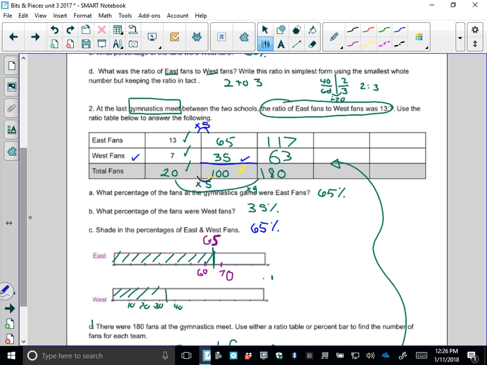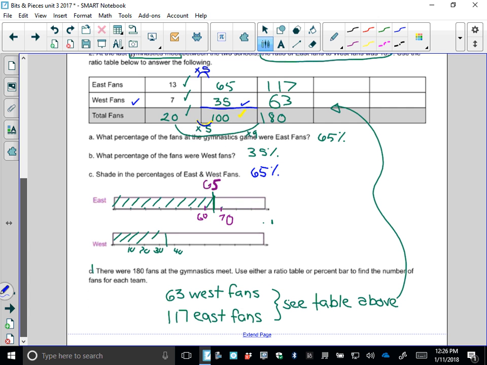And then we did a little bit of shading in on a percent bar. If you look real closely, this percent bar is broken up into 10 sections. So 10, 20, 30, 40, 50, and then 60, 70, 80, 90, and 100. And since 65% of the fans were West fans, oh, I think we mixed it up.